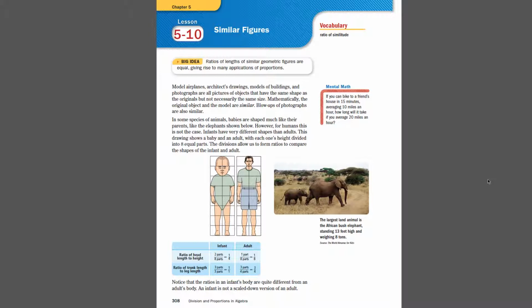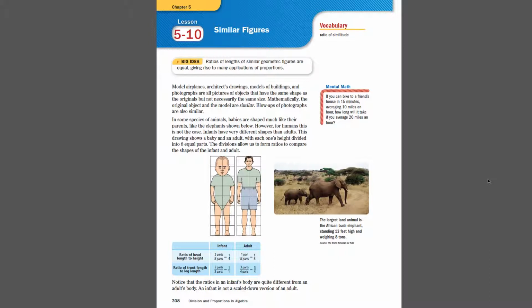We're going to wrap this up with similar figures and this idea of a ratio of similitude, which is your vocabulary word for this. When we talk about ratios, we're talking about how things are proportionally compared. We're looking at this drawing below about the proportions for an infant versus an adult.